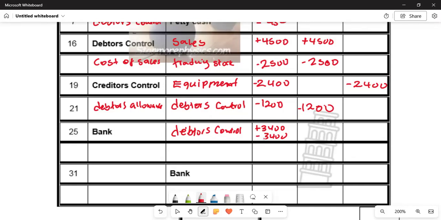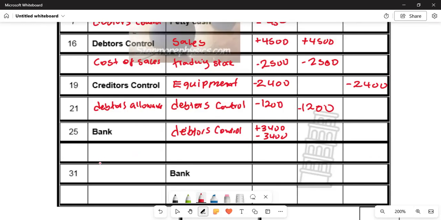That is why it is plus 3.4 and minus 3.4. Both bank, which we receive the money by, and debtors who pay us, are our current assets. So our current assets get plus 3.4 as we receive that money, and the debtors side is reduced by 3.4.